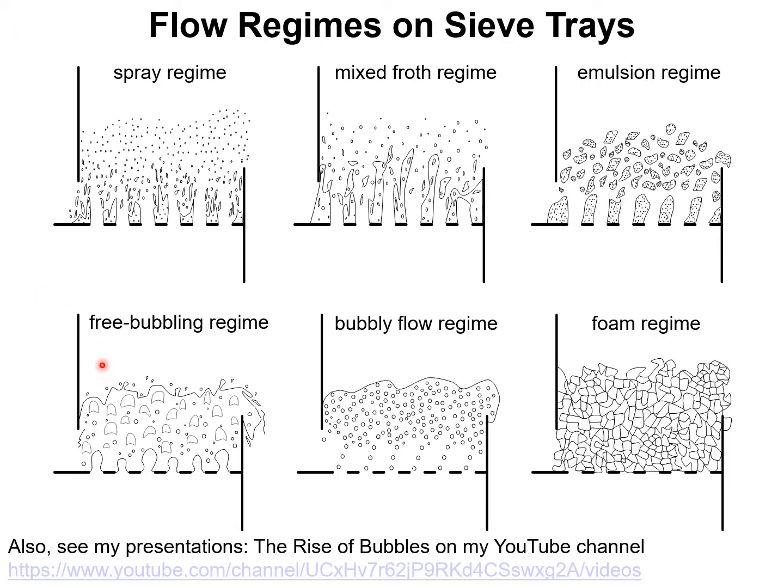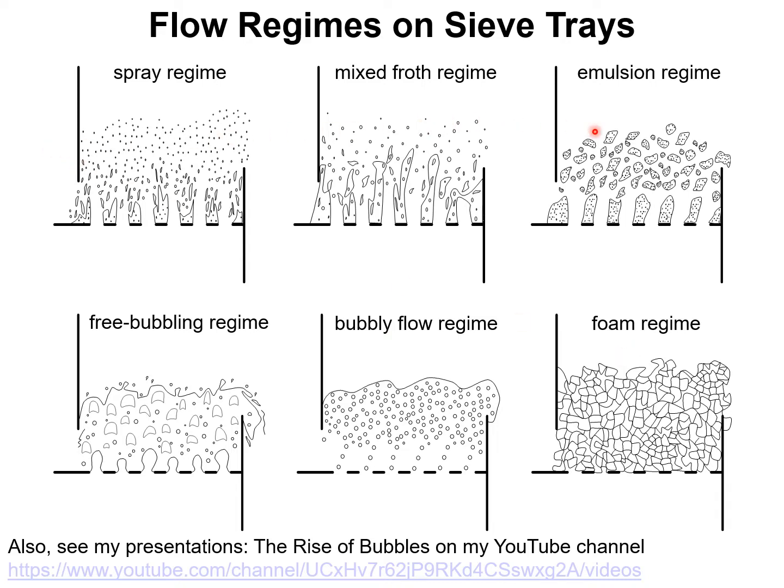In industrial practice, the vapor liquid contacting on sieve trays can occur in a variety of flow regimes that is shown in this diagram. They range from spray regime, mixed froth regime, emulsion regime, free bubbling regime, bubbly flow regime, and the foam regime.